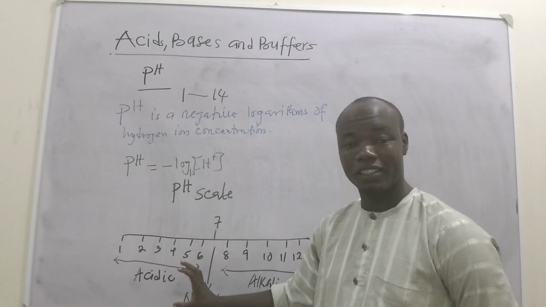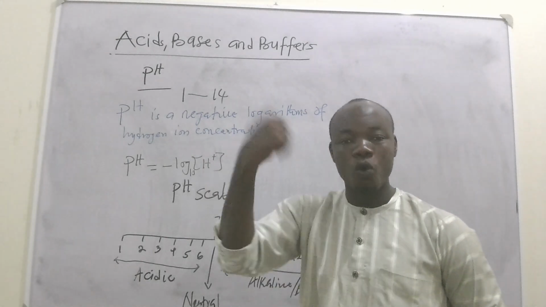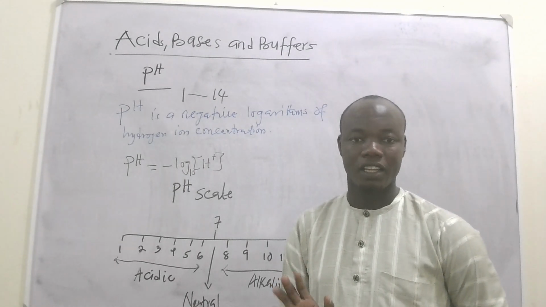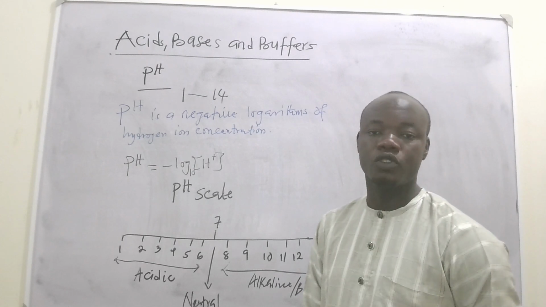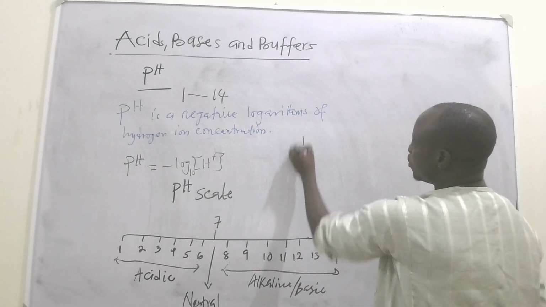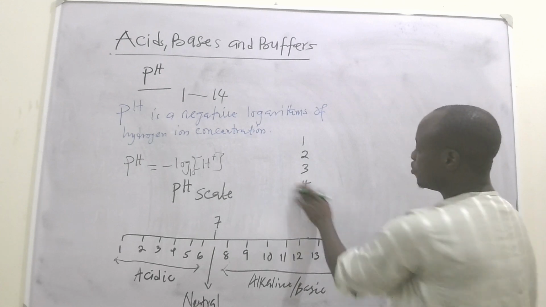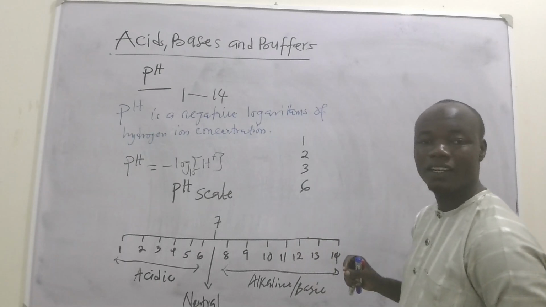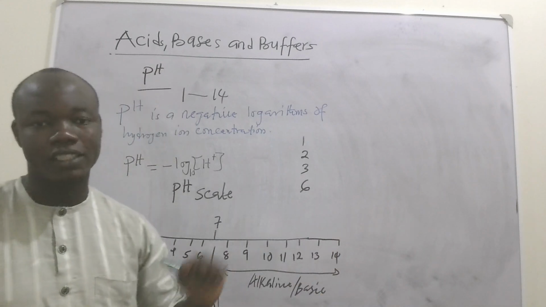So what I'm trying to say is that 1, 2, 3, 4, 5, 6, and 6 point something are all acidic. And one very important thing: the lower the pH, the higher the acidity. For example, say we have 4 different substances with a pH of 1, 2, 3, and 6. I can ask which one is the strongest, the most acidic.